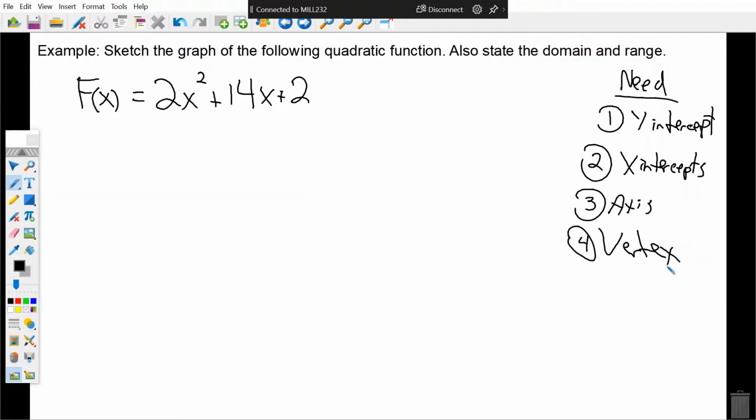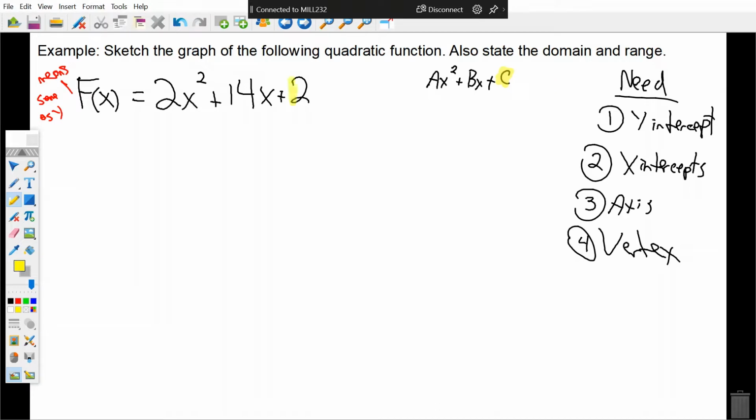Right now, this equation says f of x. F of x means the same as y. Sometimes they're used interchangeably. So right now, this equation is in standard form, which is ax squared plus bx plus c. If you recall from yesterday, the c is the y-intercept.